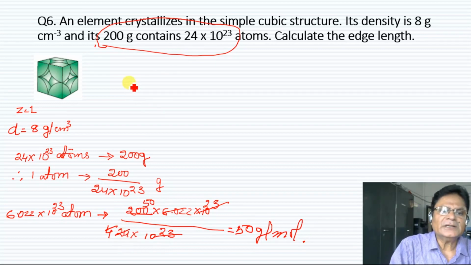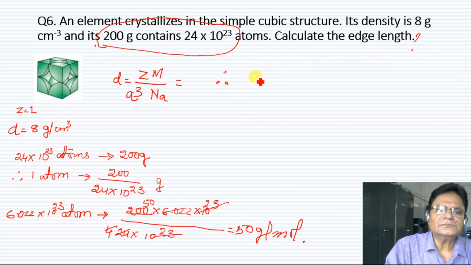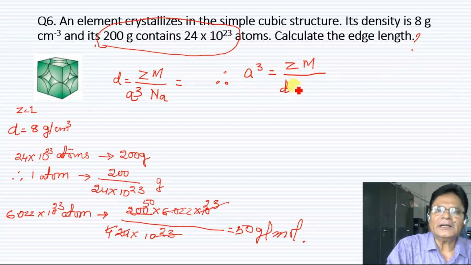Now what is the formula? Formula is density D is equal to Z M by a cube Na. We have to calculate the edge length. Therefore let us change the side. a cube is equal to Z M by D into Na.